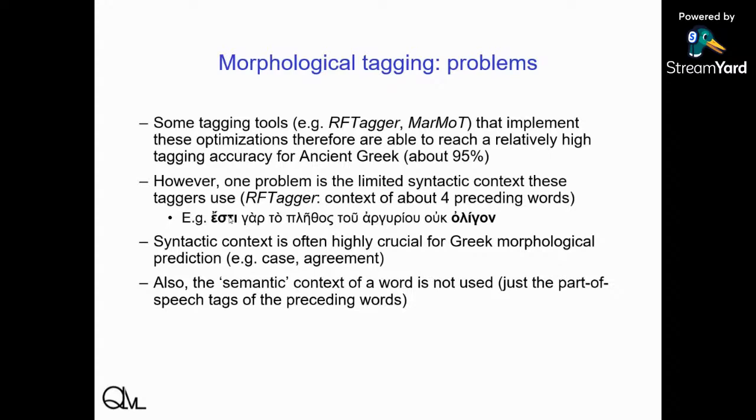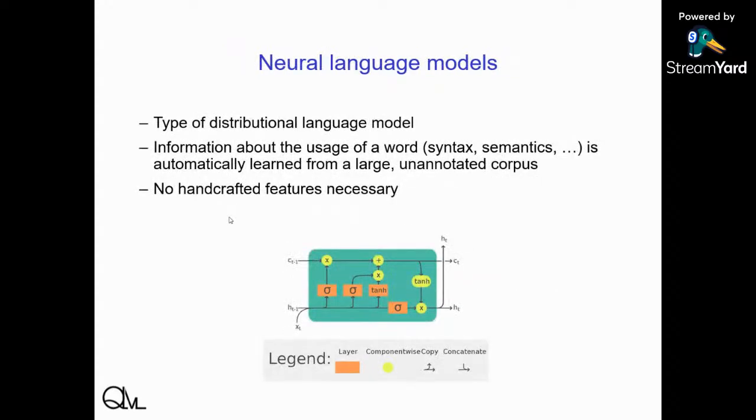So how can these problems be resolved? There are some models that are currently becoming quite popular, so-called neural language models. These neural language models are actually related to the distributional language models that Martina just talked about, but more about that in a moment.